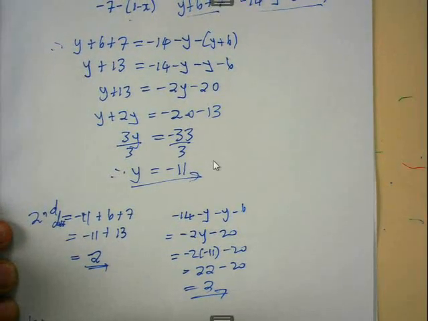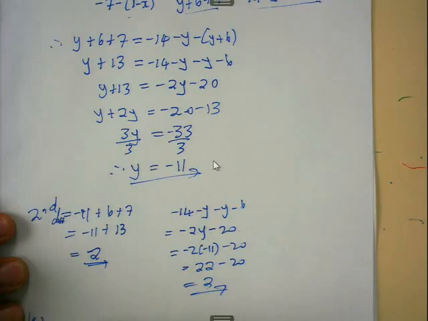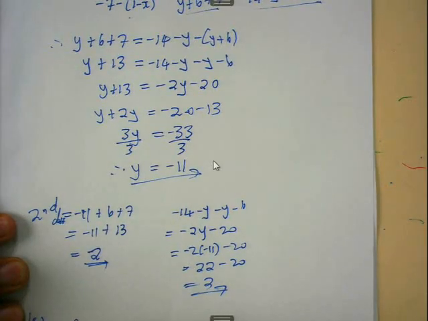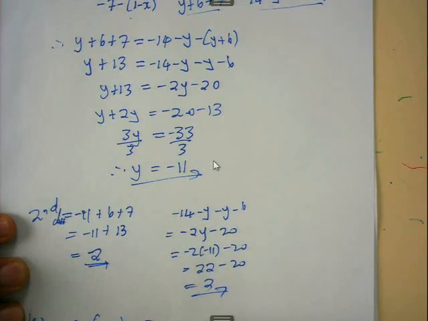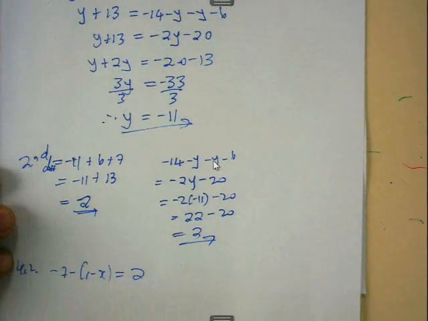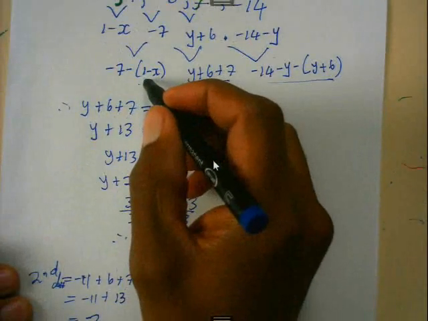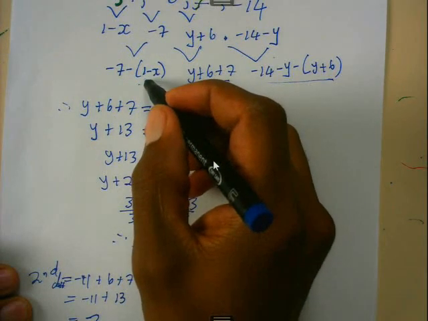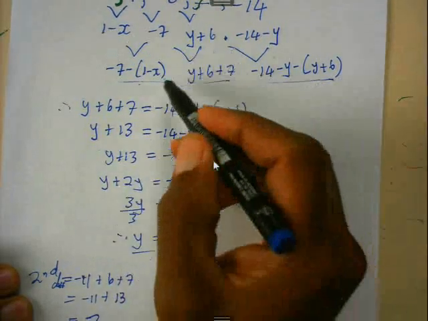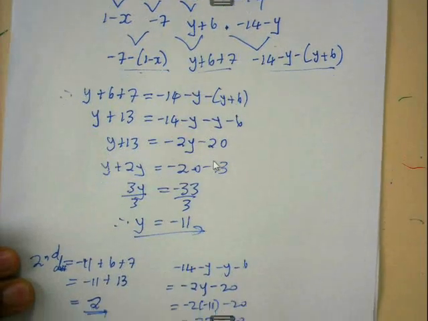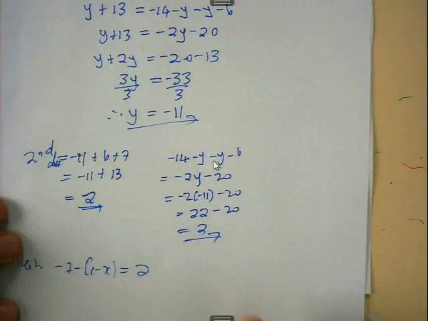Right, 4.2 here, now we're going to say we take minus 7 minus 1 minus x, and we equate it to 2. Why do we equate this one to 2? It's very important. Minus 7 minus 1 minus x is our second difference. This one must give us positive 2.